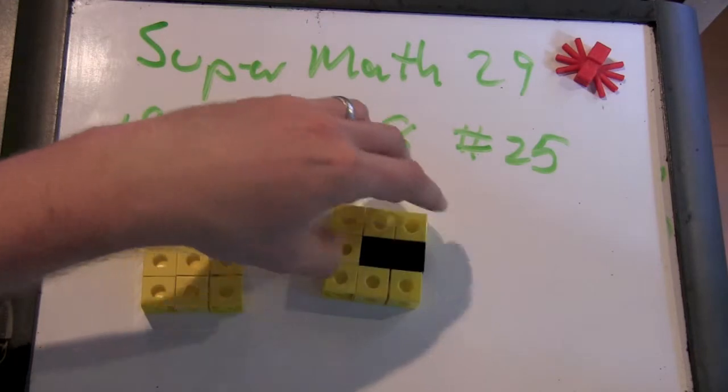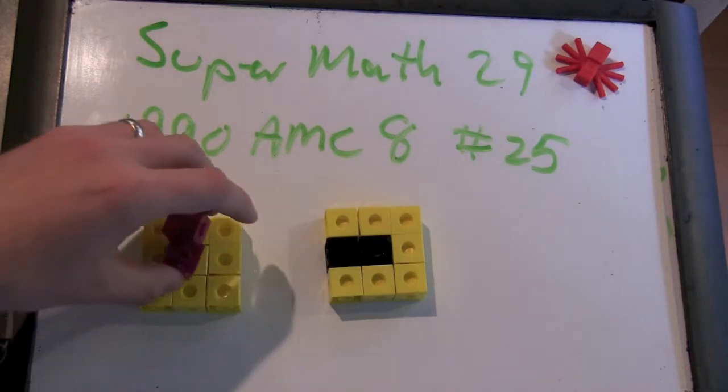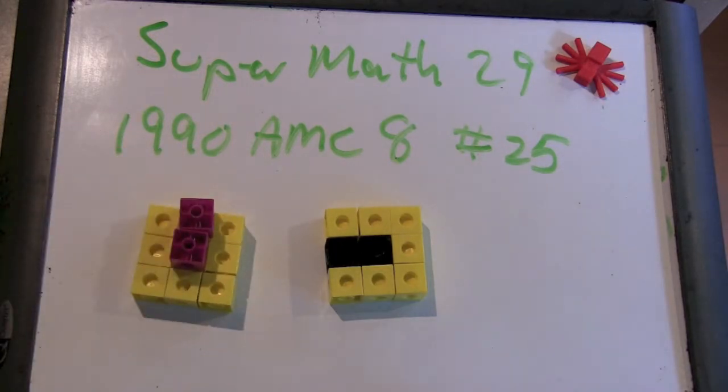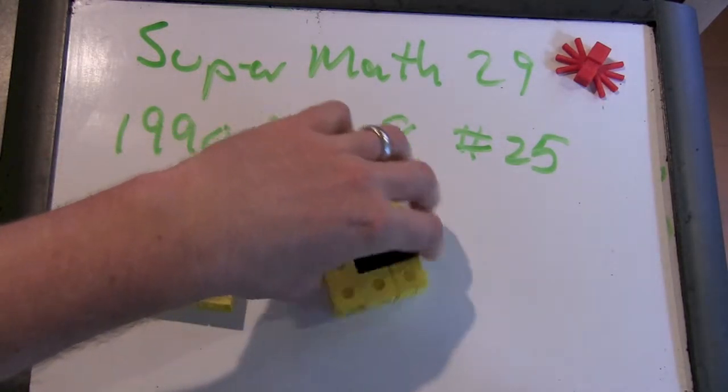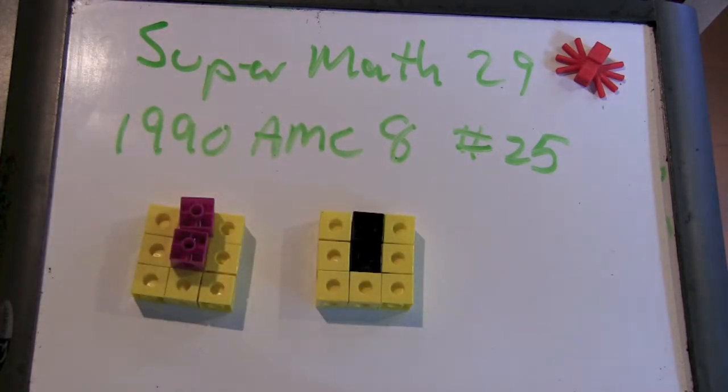They said this, this, this, and that are to be considered the same. So we're going to take a 3x3 square, shade 2 of the squares, and any flips or rotations we do are all to be considered the same. How many different patterns can be made?